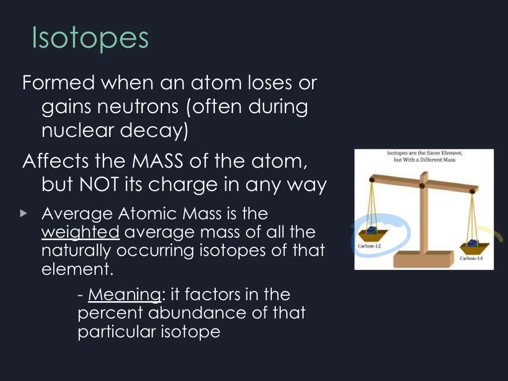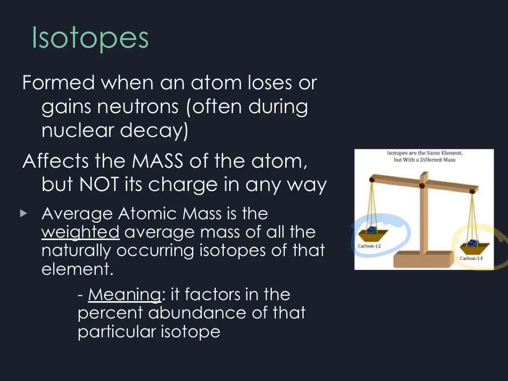The carbon-14 on the right side is still carbon with 6 protons, but since that carbon has a mass number of 14, we need to figure out how many neutrons that is. 14 minus 6 gives us 8. So carbon-12 has 6 neutrons, while carbon-14 has 8 neutrons. Really the only difference is the mass number and the number of neutrons.